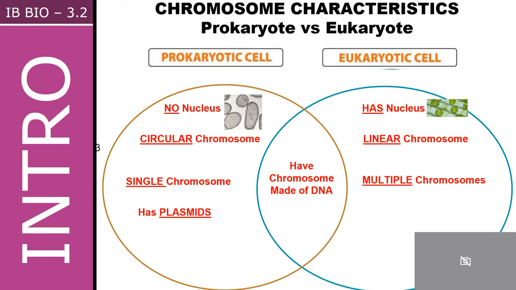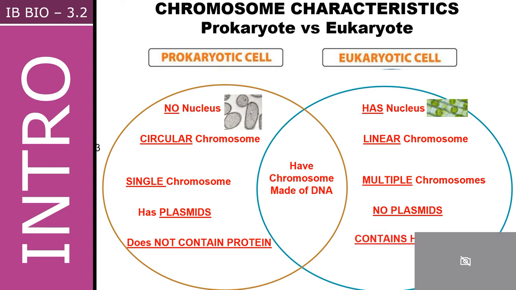So those are the little extracellular circles of DNA. So only prokaryotes have plasmids. Eukaryotes do not have plasmids. And again, the prokaryote cell does not contain any protein. They'll sometimes call it naked DNA. So there's no protein associated with the chromosomal DNA in prokaryotes. But in eukaryotes, they do have that histone protein that is helping to wrap the DNA into those chromosomal structures.